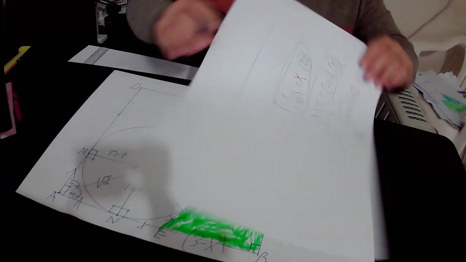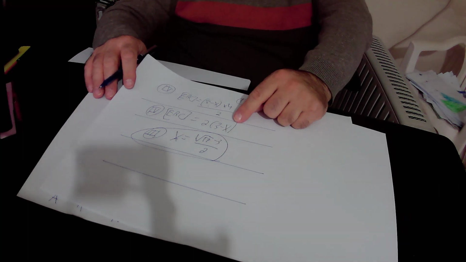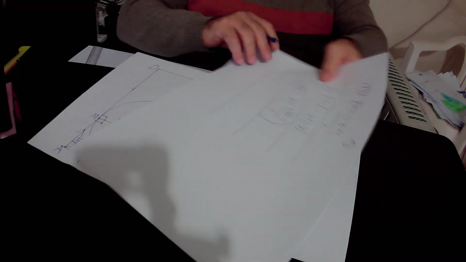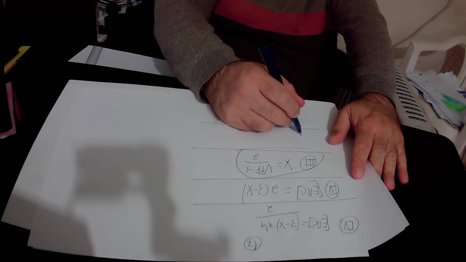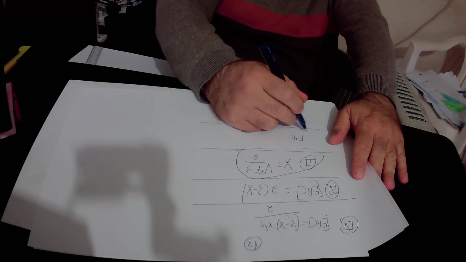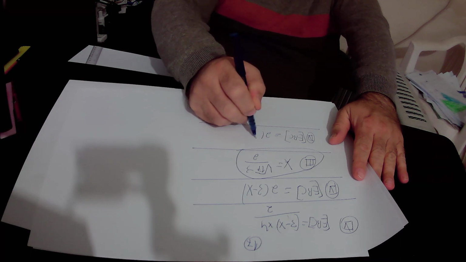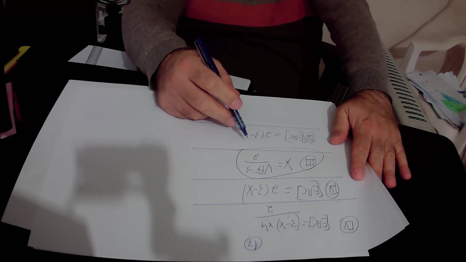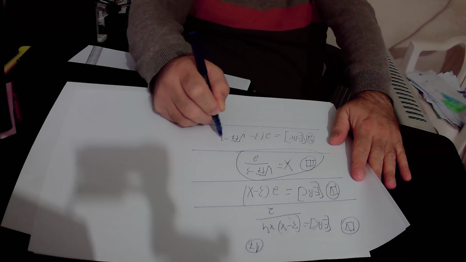So here we will place the value of x from equation number 3 into x in equation number 4, and we will get that the area of the green right triangle according to equation number 4 will be equal to 2 times 3 minus x, where x equals the square root of 17 minus 3, over 2.